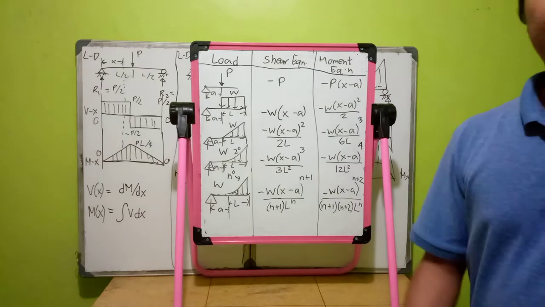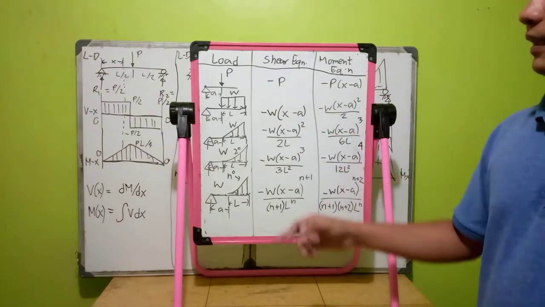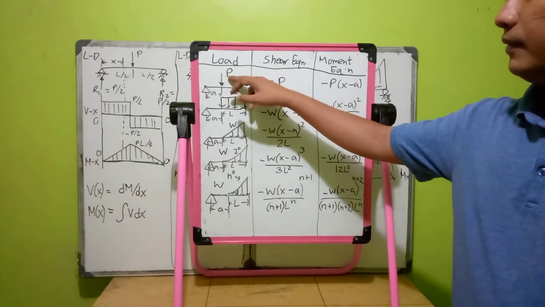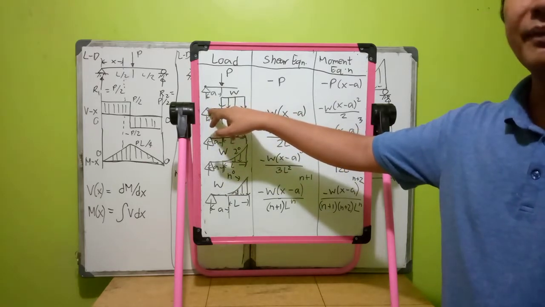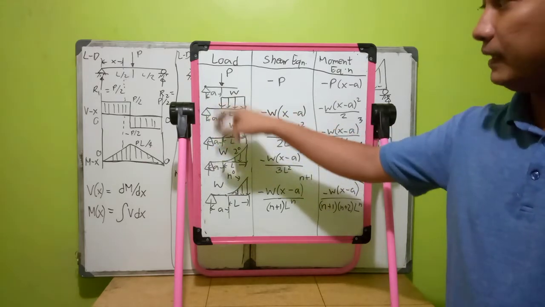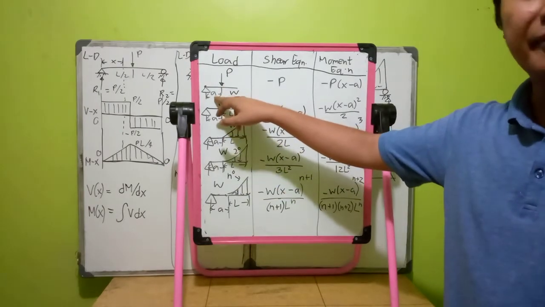So you might ask, what if this load starts at the leftmost side of your beam? If that is the case, your A will be 0.